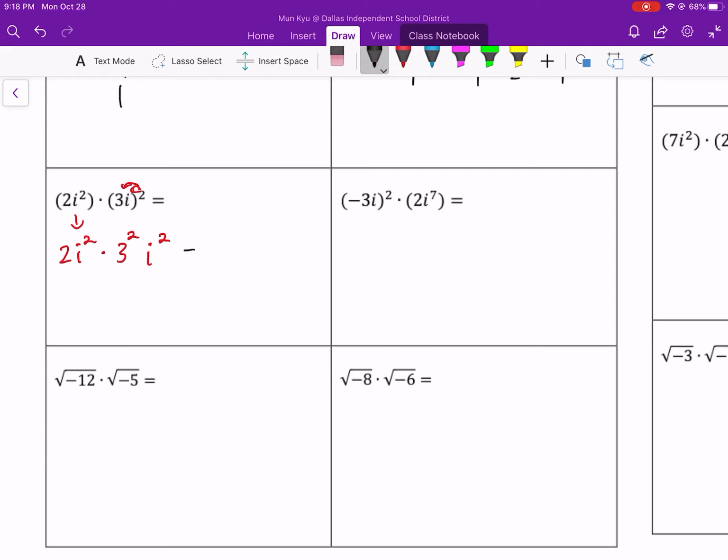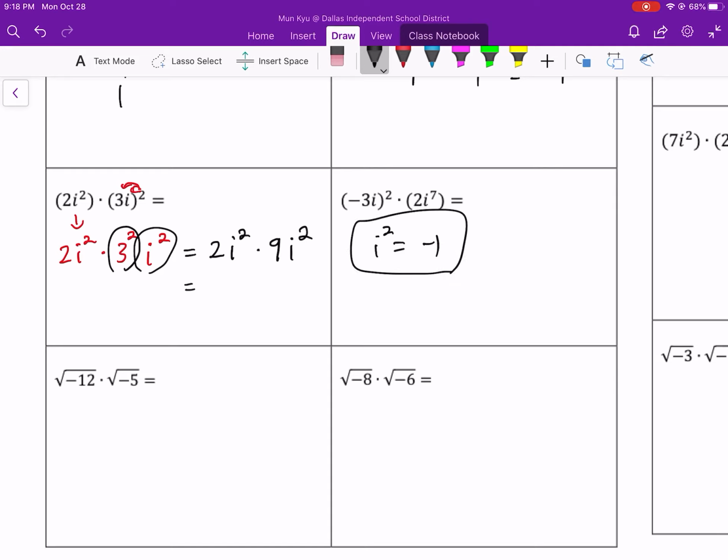And again, this one is going to be what? 2i squared, and 3 squared is equal to 9i squared, because we have i squared here. And again, you know i squared is equal to -1.